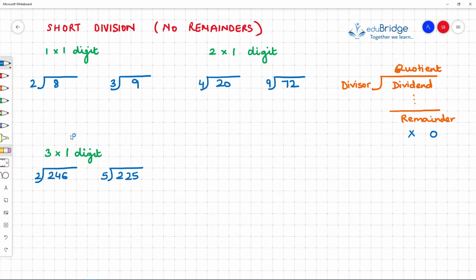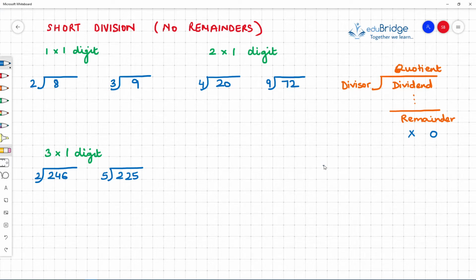Okay, so let's look at the first example. It's 1 by 1 digit division. So it means we have 1 digit in the divisor and we have 1 digit in the dividend. So how do we divide this number? We see how many times does 8 come in the table of 2?